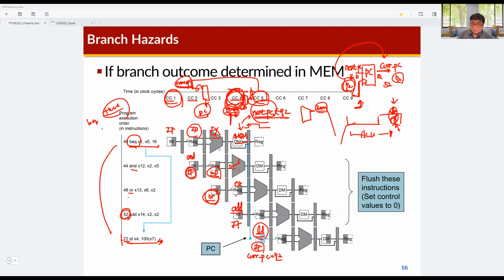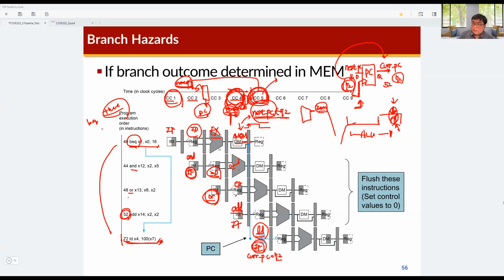But because this result is resolved very late, when the branch instruction is at CC5, that means clock cycle number 5, the very next instruction of the branch, that is the target of the branch instruction, is fetched to this pipeline processor.